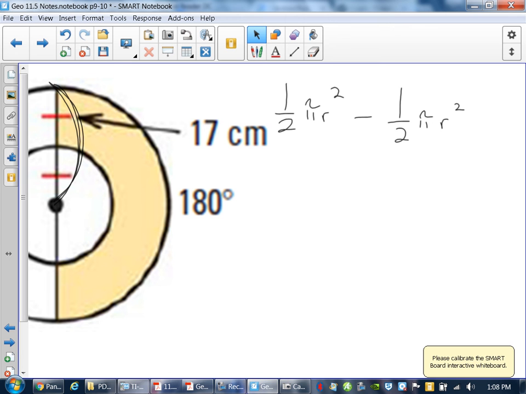Gotcha. So I have 1/2 times 34 squared, put a pi next to it, subtract 1/2 times 17 squared, and put a pi next to it. And that gives me my overall area. All we're doing here is looking at half the circle, okay?